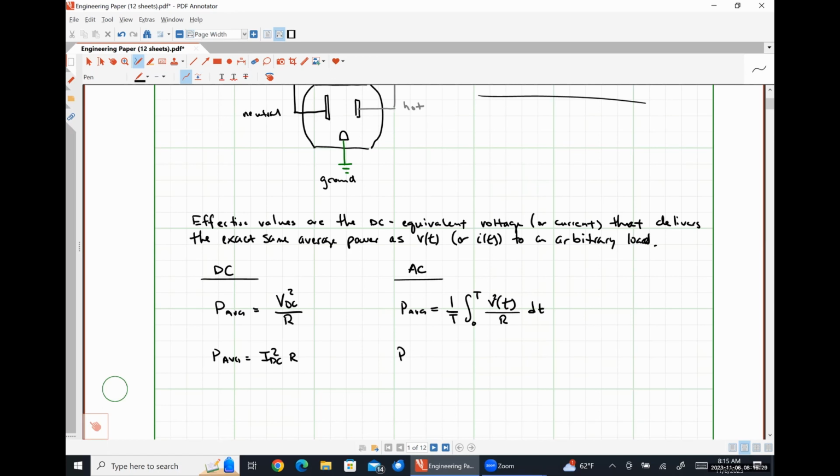And in terms of current, we would have almost the exact same thing, except that we would have R times I squared.